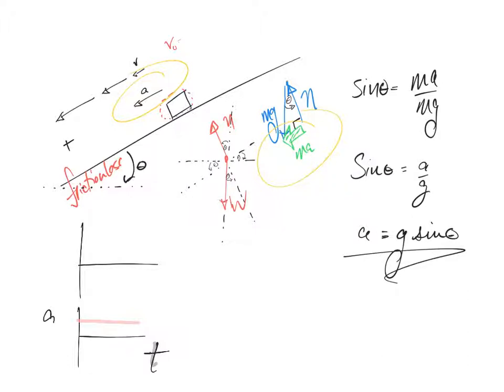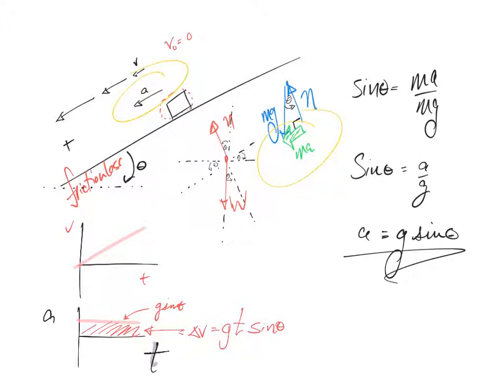And velocity, let's say our block started from rest to make things easier. Okay, so I'll write v naught equals 0. And that means that our velocity graph might look something like that. Our acceleration is g sine theta, right? So this area would be our change in velocity, which would be g times t sine theta.